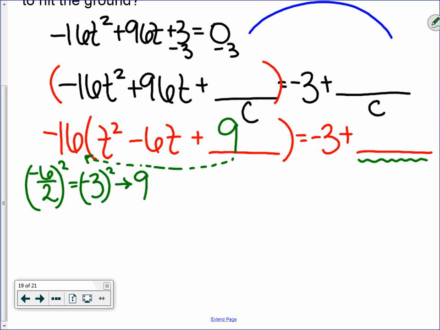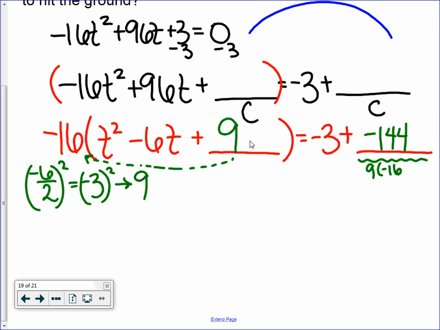So it's kind of like PEMDAS, or order of operations, okay? So you have to take 9 times negative 16, which gives us negative 144.